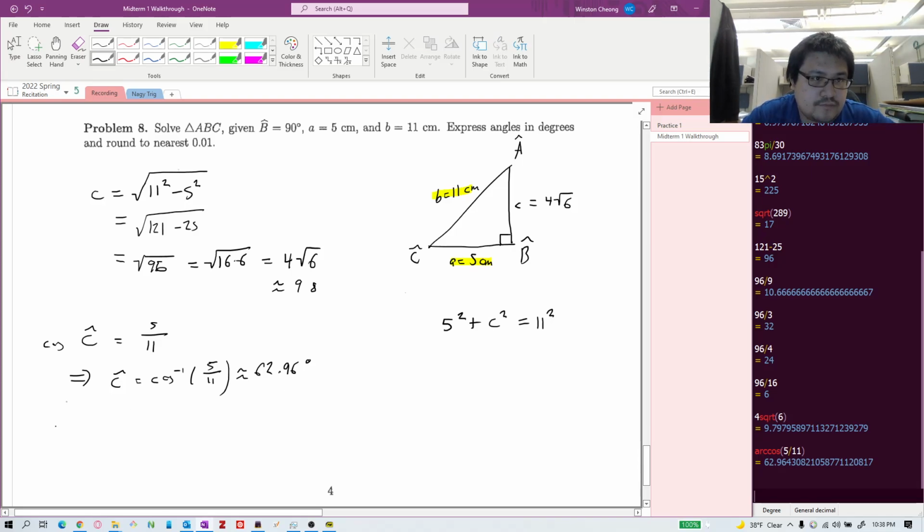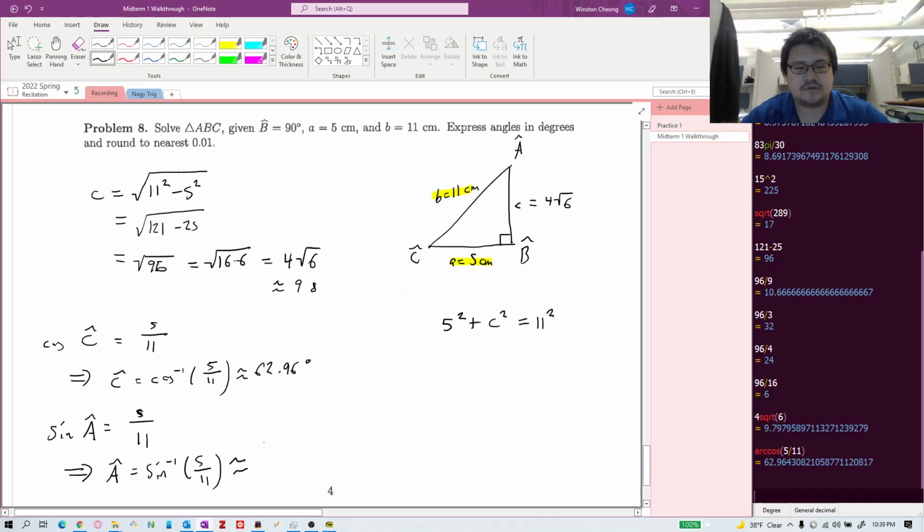So the equation we end up getting is sine of the angle A is opposite side over hypotenuse. Now taking inverse sine of both sides, we get inverse sine of 5/11.